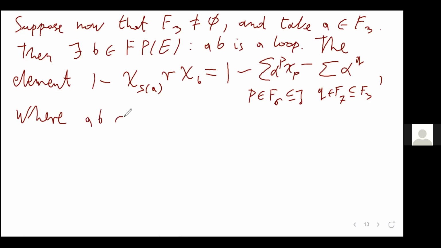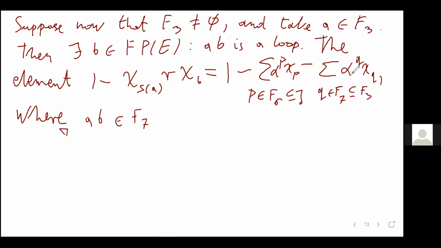And AB belongs to F7, so this is not an empty set. Remember, we assumed that A is in F3. So even if everybody else dies, there will be one thing in that sum over F3 that will not die, namely alpha A chi A. This will not die because when I multiply it by chi B, I'll simply get alpha A chi AB.